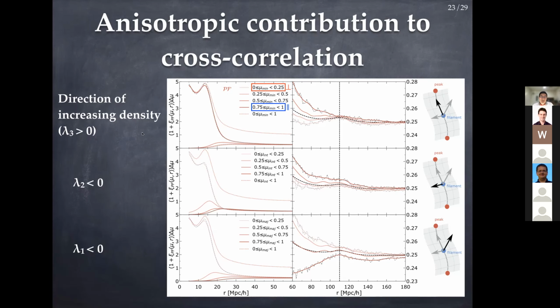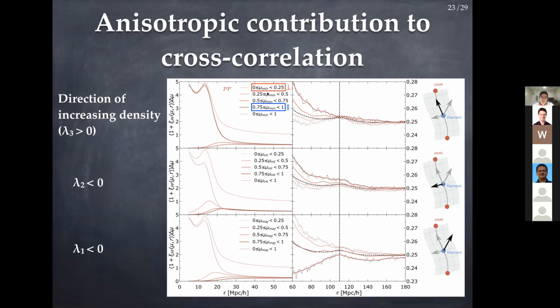And this lambda 3 is the direction of the density increasing most rapidly. And in other words, this is also the direction of the large-scale filamentary structures.